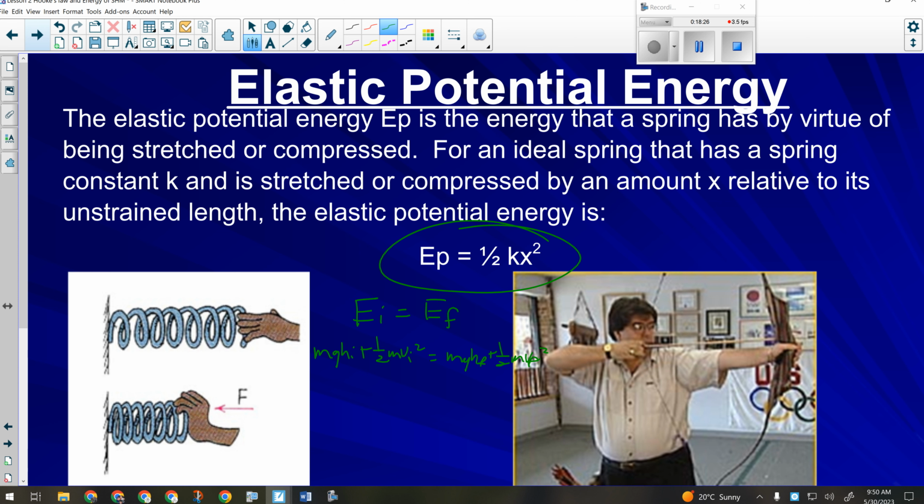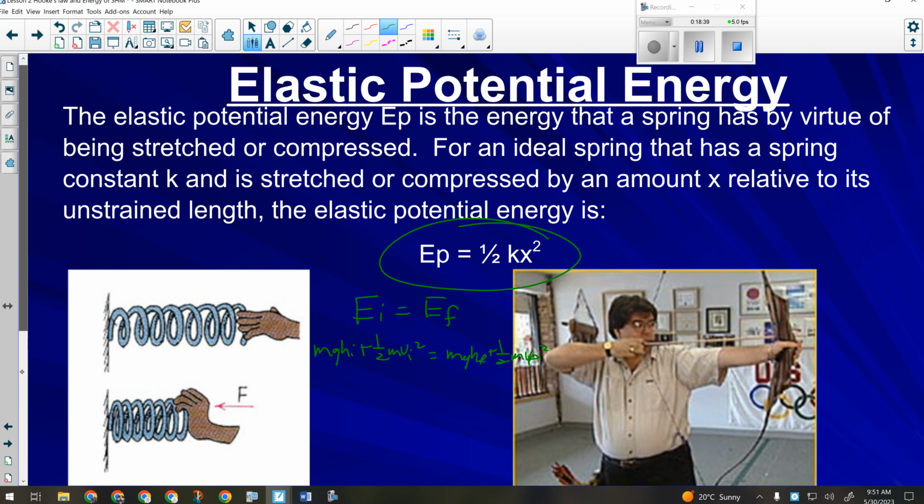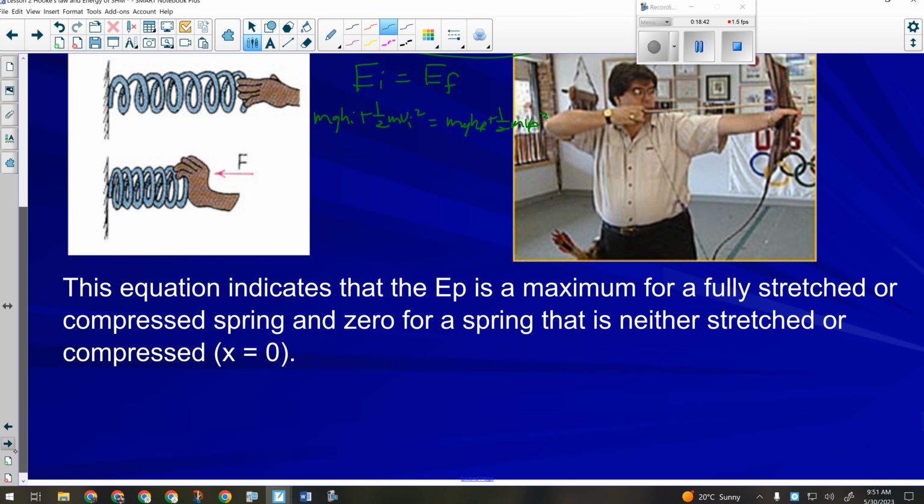That's how a pendulum would work. A roller coaster, a pendulum, a kid going down a frictionless hill on a sled, whatever. That's the law of conservation of energy when gravitational potential energy is involved. The formula is basically the same when you're looking at elastic potential energy.